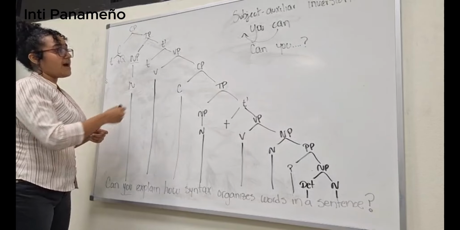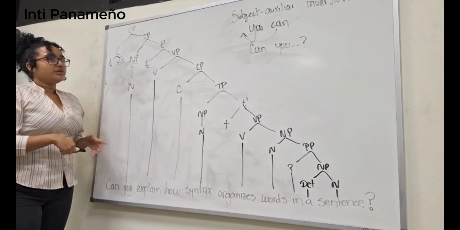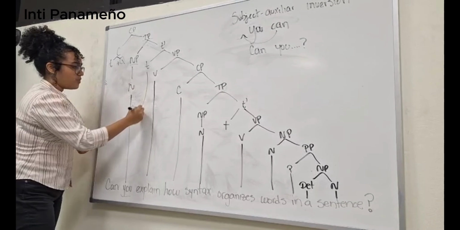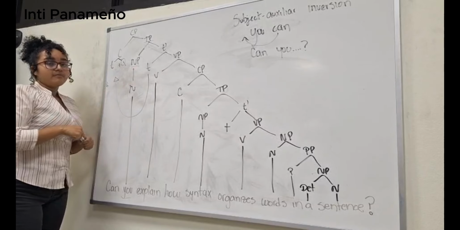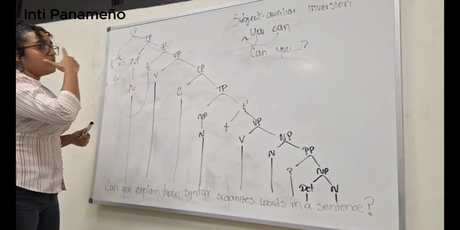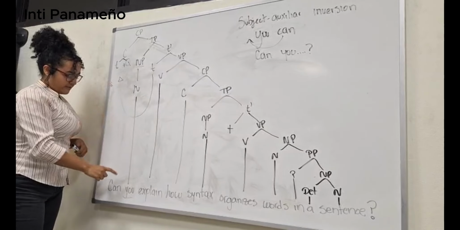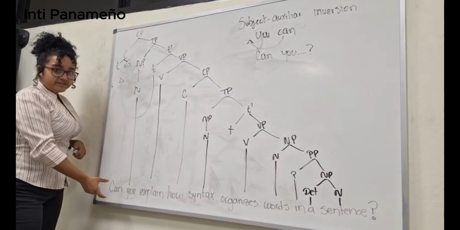So then we have the verb phrase, but before continuing with that, I have to explain to you that the tense always will pass from here to here, because as I explained before, the tense has to pass to affect the modal verb can.